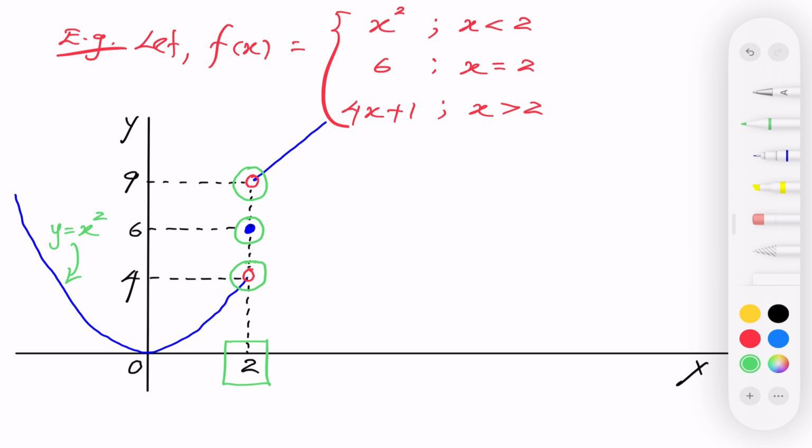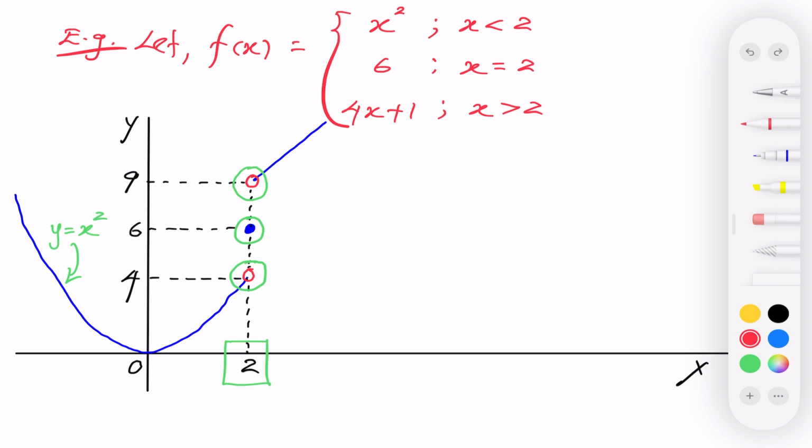But when I say exactly equal to 2, there is just one point that stands out, which is this point right here. When x is not exactly equal but very close to 2, we have 2 possible candidates. One is right here, the other one is right here. But those 2 can also be separated based on the fact that one is, even though very close to 2, that x value is slightly larger than 2. The other x value is also very close to 2, but slightly smaller than 2.